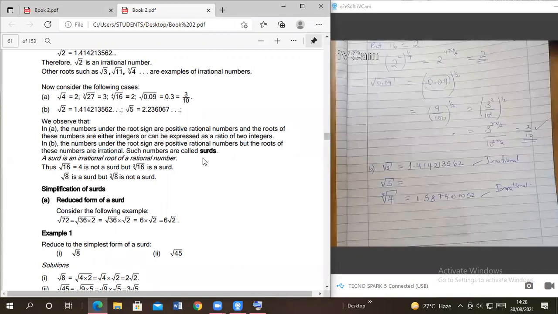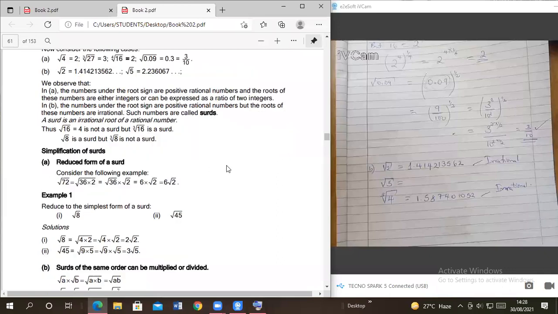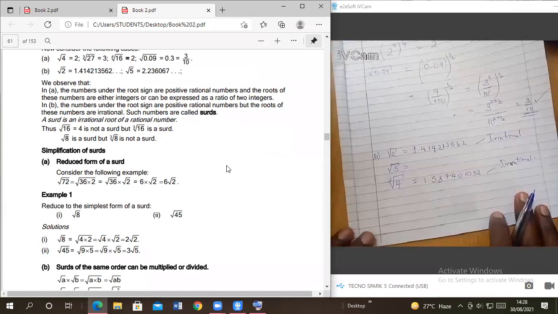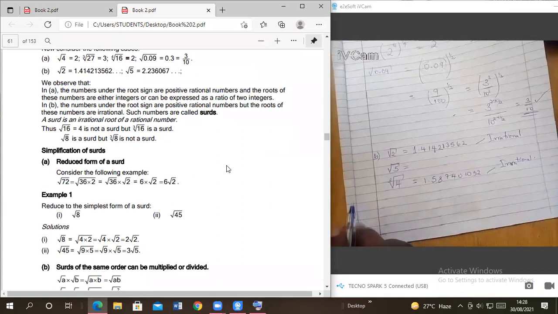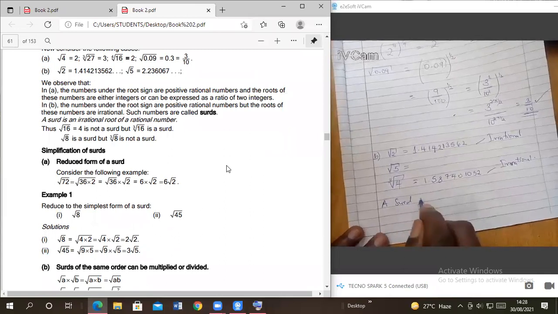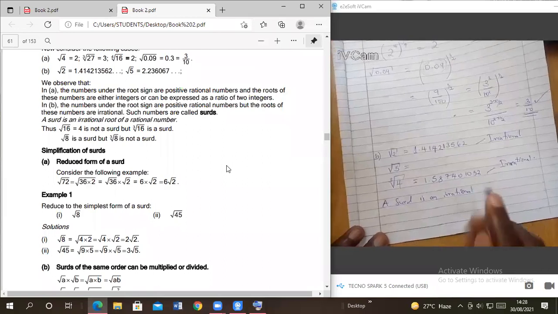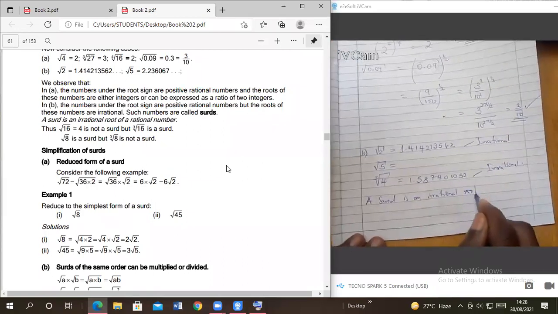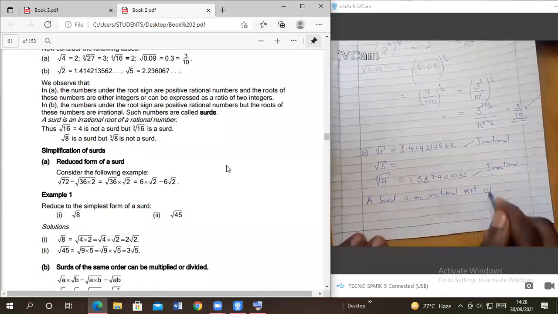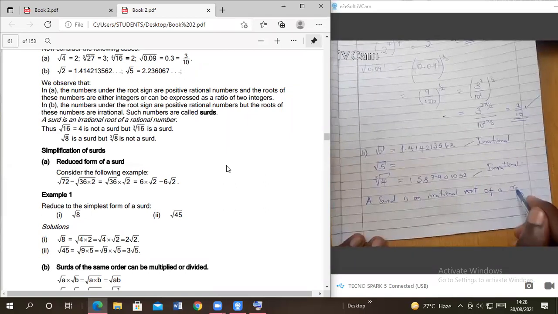So these numbers are called surds. Are you together, members? So in a nutshell, we can say a surd is an irrational root of a rational number.